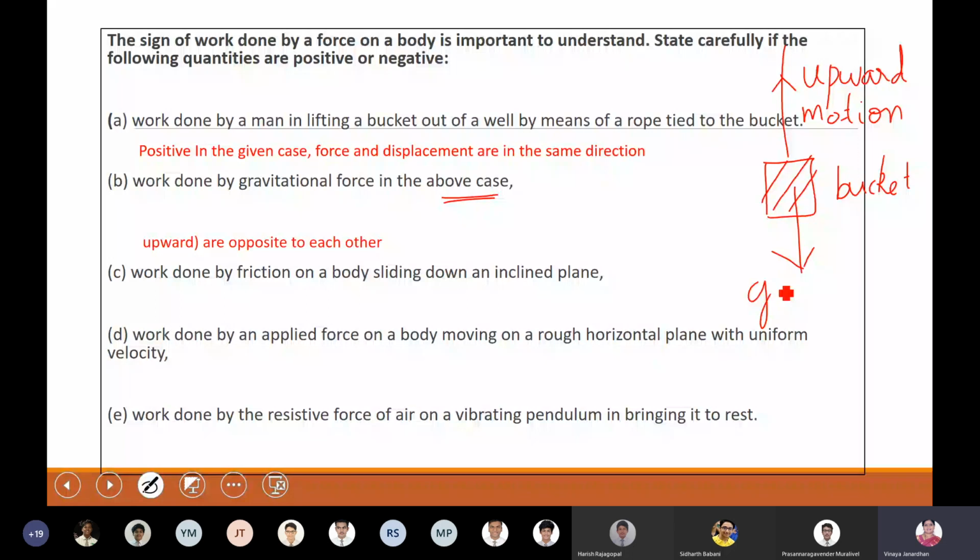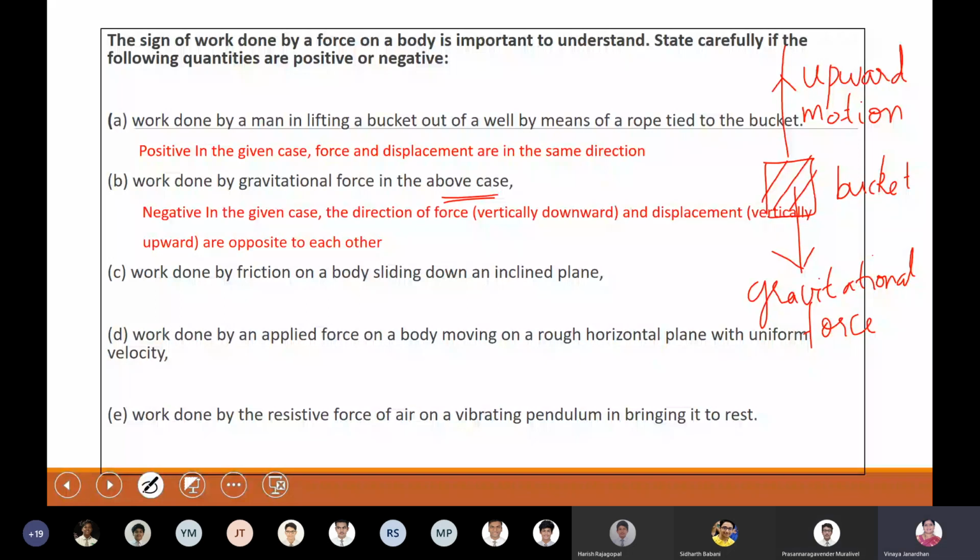Now you tell me whether the work done is positive or negative. This is the direction of your gravitational force. The body is moving upward. The gravitational force is pulling the body downwards. So it's negative. The direction of force, vertically downward, and displacement, vertically upward, are opposite to each other. Hence, the work done is negative.